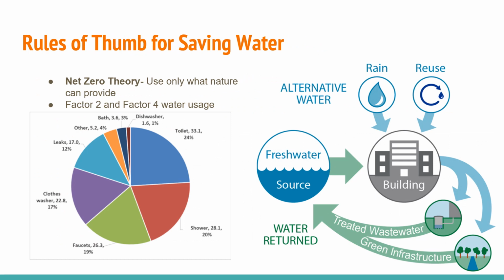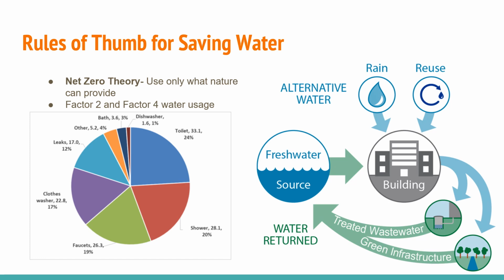And moving on. So rules of thumb for saving water. It's going back to that closed system. We want to build off of a net zero theory, which is we only use what nature can provide. We don't want to use any excess or any more than what we are taking.